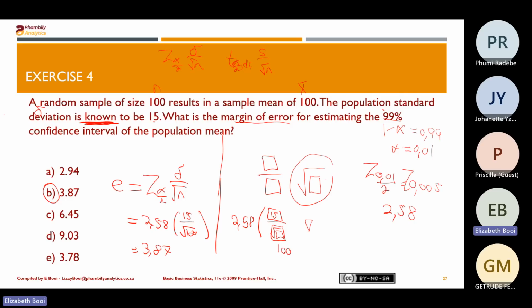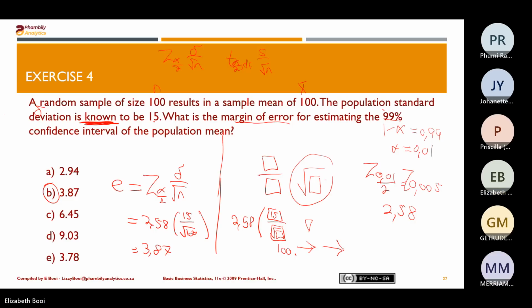Once you have done that, press the left arrow, and press the left arrow again. The cursor will be somewhere here, and then press the close bracket. And you will have the answer. Otherwise, if you don't get the answer, press the equal sign.